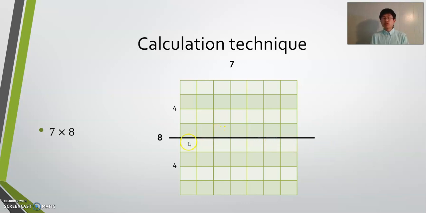Like I said earlier, area is the total in this big rectangle. That means you have to add the parts up to find the whole thing. Well, you can do 7 times 4 for the top part, 7 times 4 on the bottom, and add these two together and get the answer for 7 times 8. If you know 7 times 4 and 7 times 4, you got it.